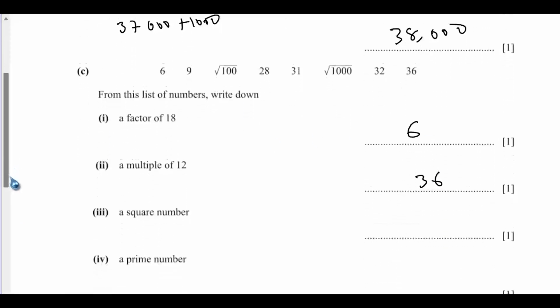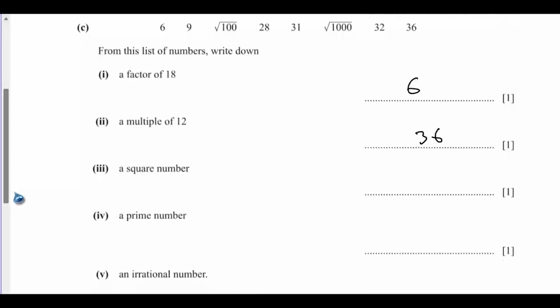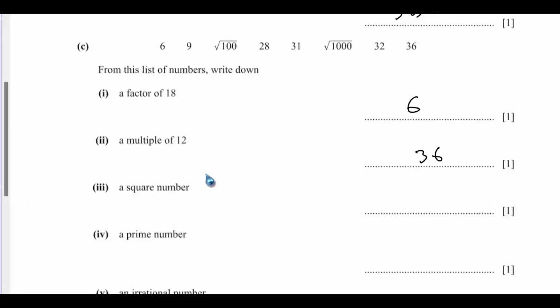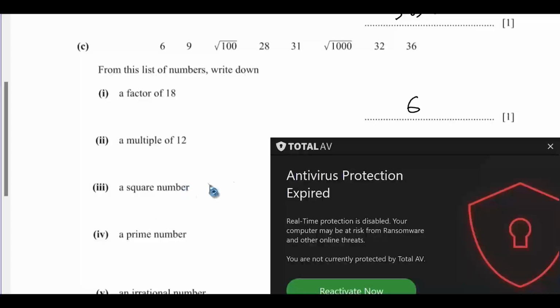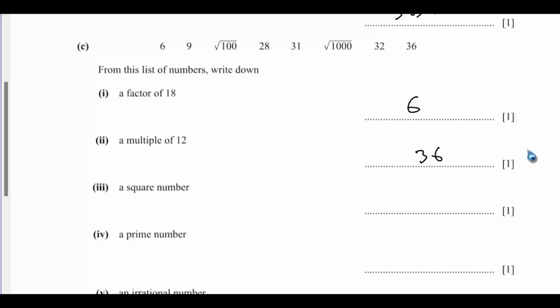Roman figure 3, a square number. A square number will be a number got from an integer multiplied by itself. For instance, 1 times 1, 1, 2 times 2, 4, 3 times 3, 9, and so on and so forth. 4 times 4, 16.